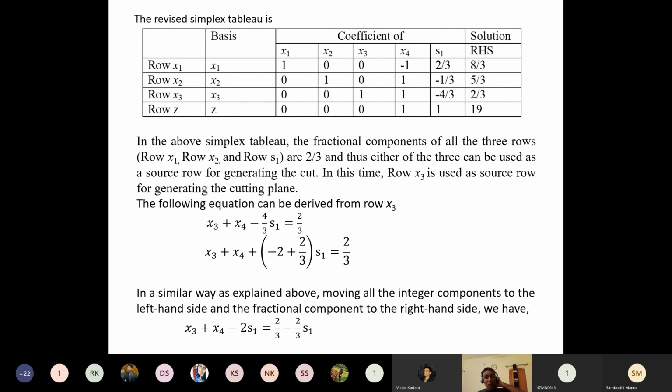Now x1 is equal to 8 by 3, x2 is equal to 5 by 3, x3 is equal to 2 by 3, and Z is equal to 19.